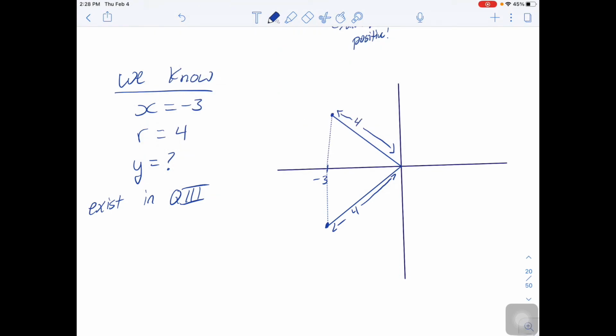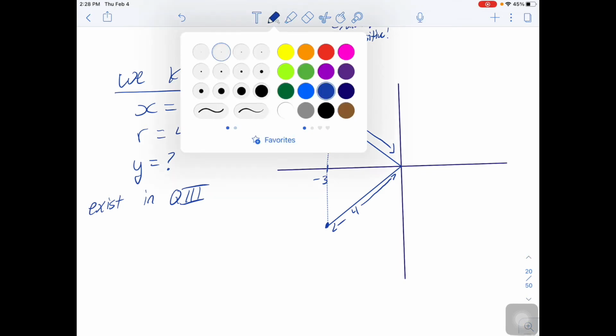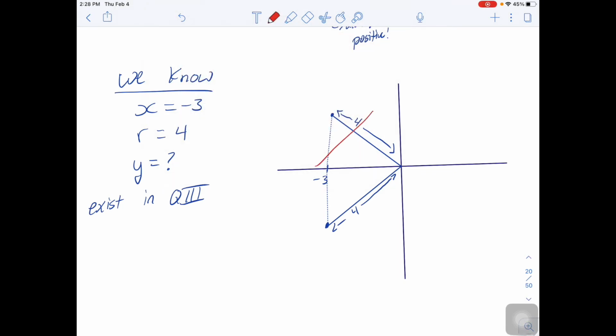It would just be the positive, but this doesn't work. So we're going to exit that out, because it's not in quadrant 3. So we have to live down here.